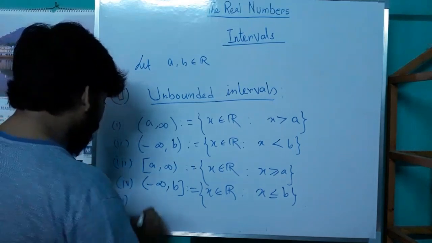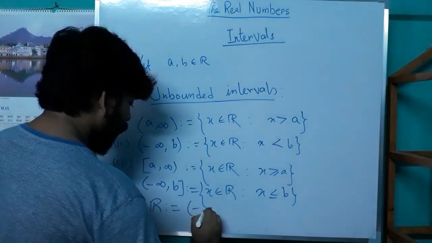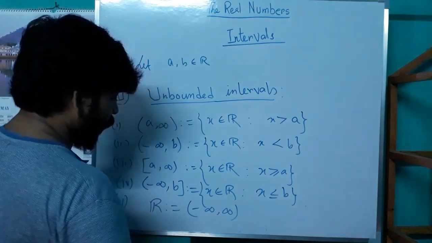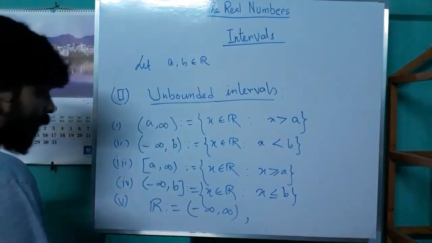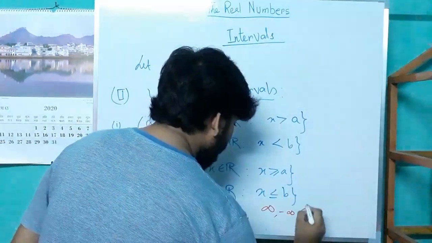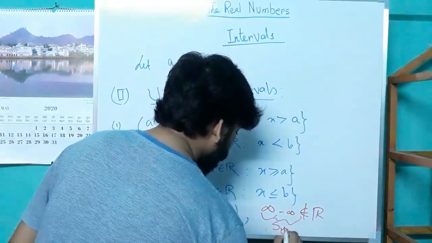Many times we think of R as an interval, minus infinity to infinity. And here infinity and minus infinity are not real numbers. These are symbols.